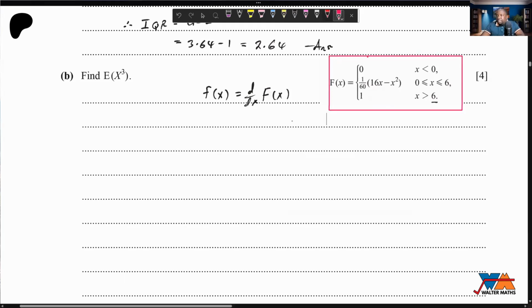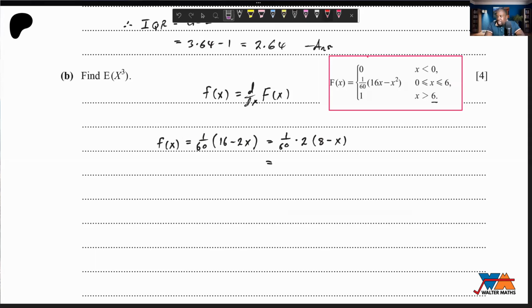Okay, so we are going to say, therefore, f of x is equal to 1 over 60 of 16 minus 2x when we differentiate it, which is also equal to 1 over 60 of, we can factor out 2, 8 minus x.